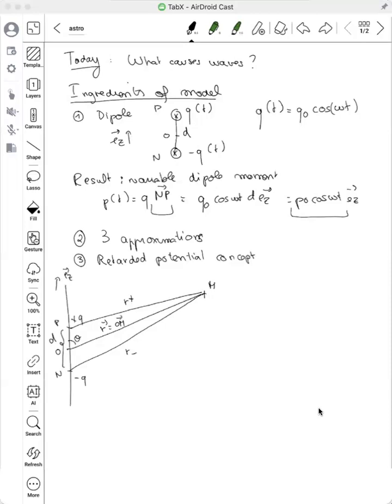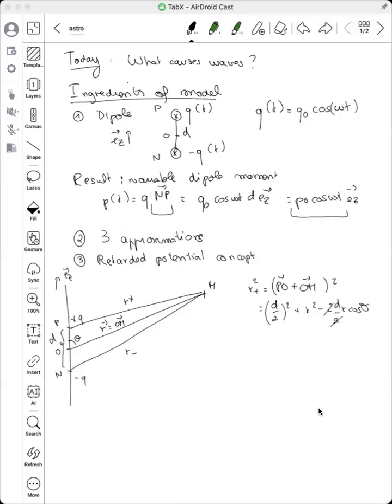Now, what did we do? You probably remember in the dipole case, we used the cosine theorem, and we used the following. We also wrote, so this was equal to (d over 2) squared plus r squared minus 2 times d over 2 times r cosine theta.